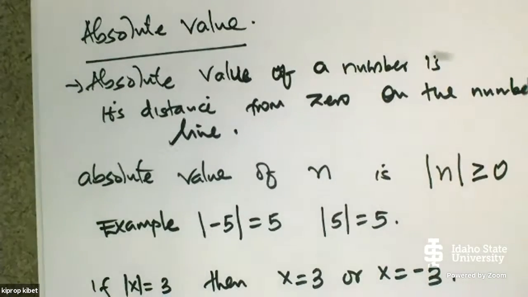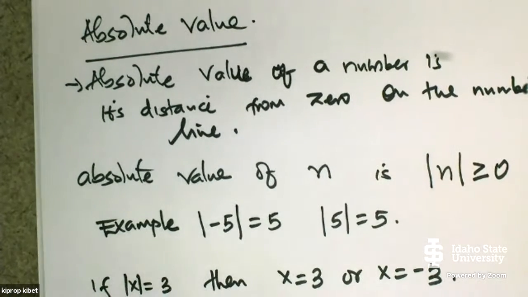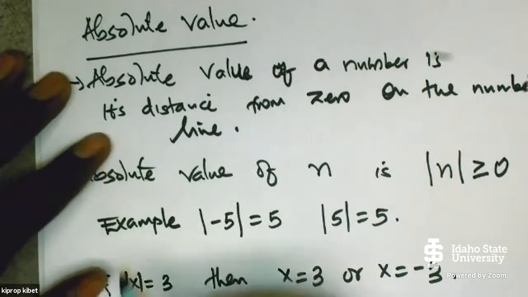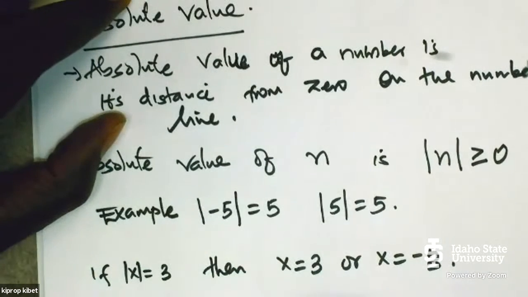Again, let's say we take the absolute value of y equals minus 4. Do we have a solution there? We don't have a solution, right? Because the absolute value is either 0 or a positive number. So there is no solution.